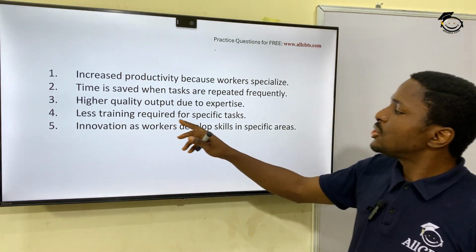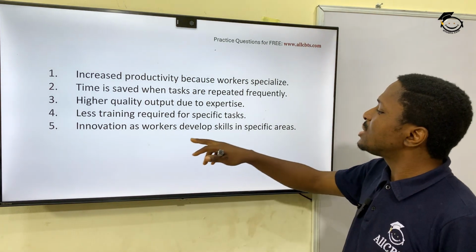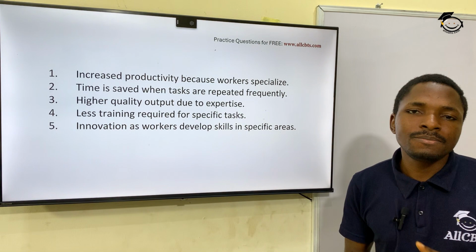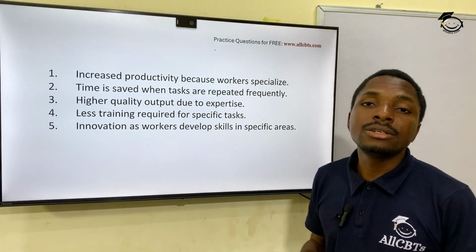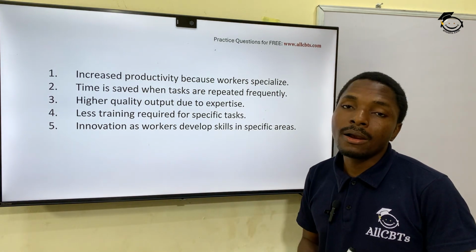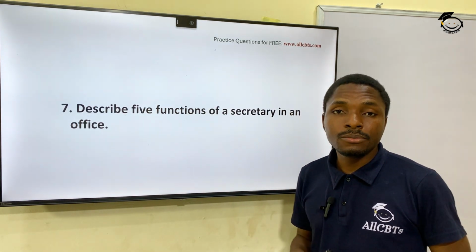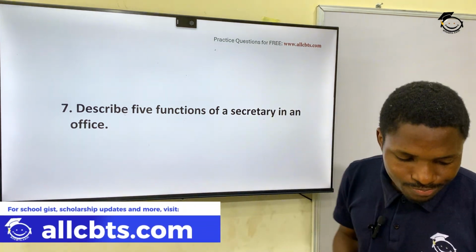Then you have less training required for specific tasks. He's good at it already. Innovations as workers develop skills in specific tasks. See, so these are some of the points you can add to your answer to develop more robust thoughts.